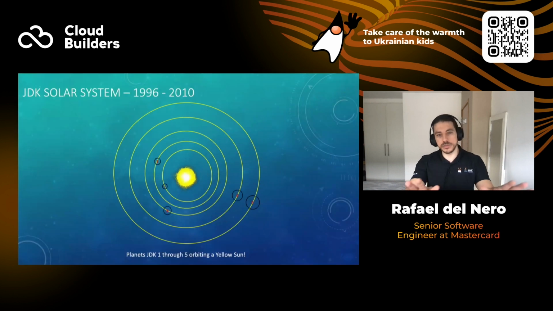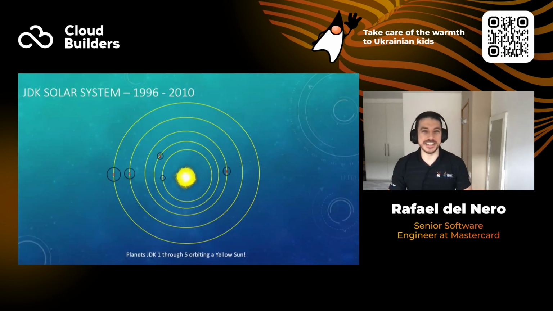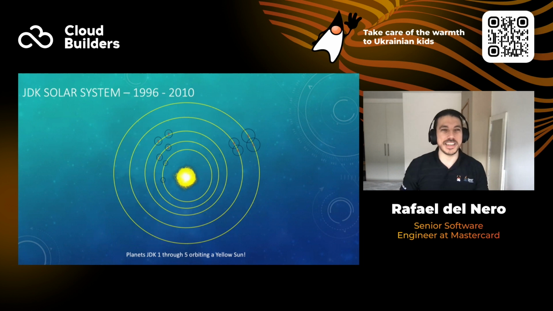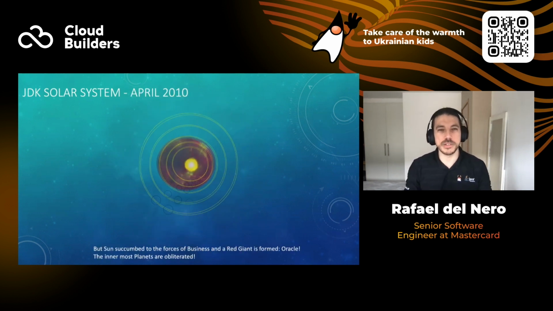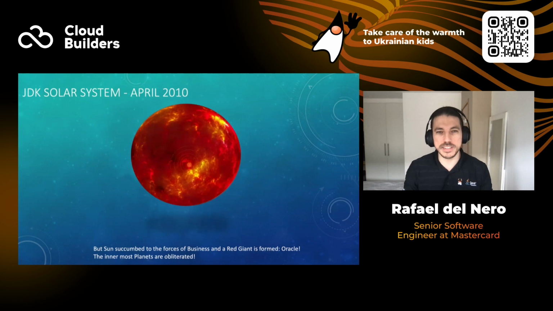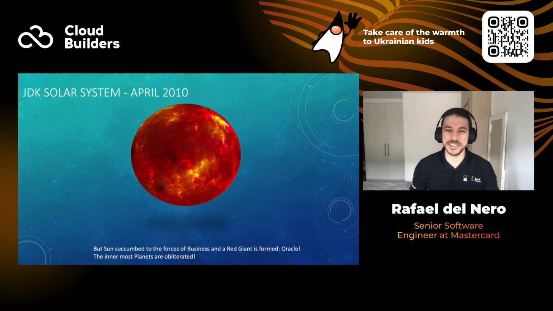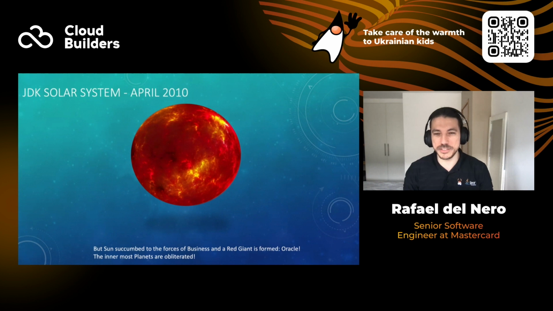So this is just a little story. This is the JDK solar system from 1996 to 2010. Everything was fine here, but then in April of 2010, the big red giant absorbed the sun, and guess who was the big red giant?